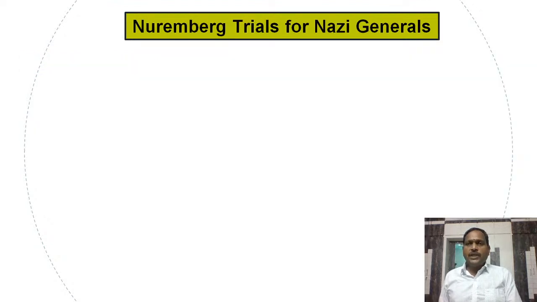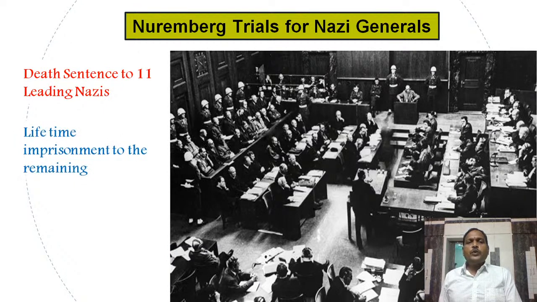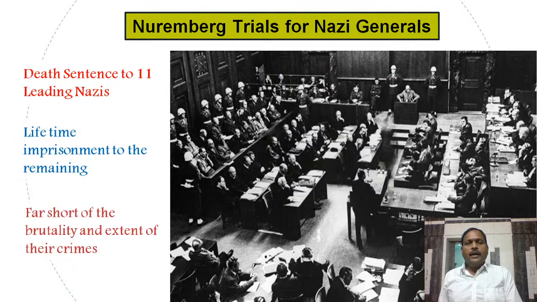Nuremberg trials of Nazi generals. The death sentence was given to 11 leading Nazis and lifetime imprisonment to the remaining, which fell far short of the brutality and extent of their crimes. Here you can see all the culprits who were tried in the Nuremberg court for the many innocent people they brutally sentenced to death.